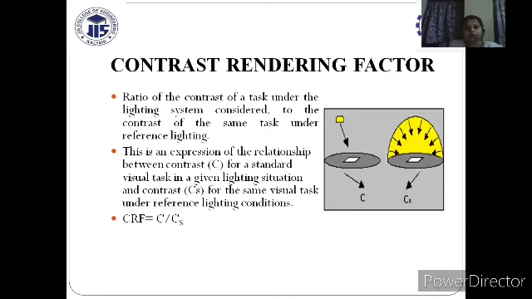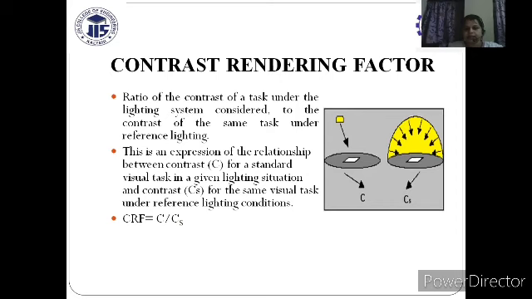Now, contrast rendering factor, also called CRF. This is very important. CRF is a ratio, so it doesn't have any unit. It is the ratio of the contrast of a task under the lighting system considered to the contrast of the same task under reference lighting.